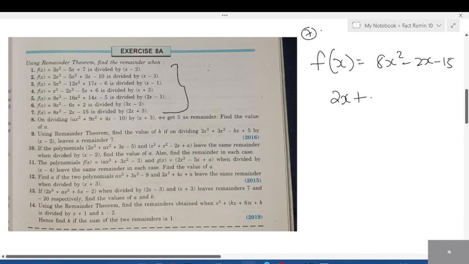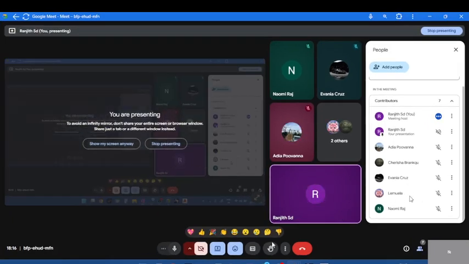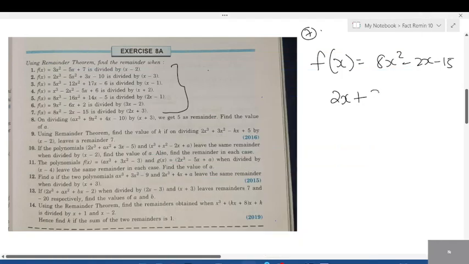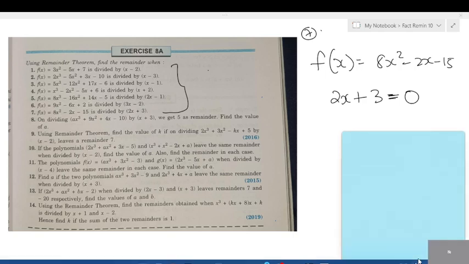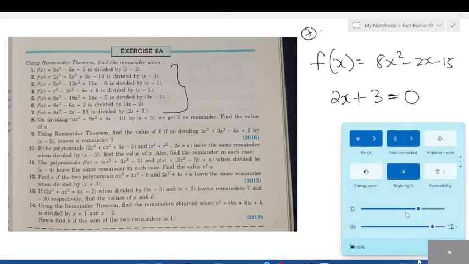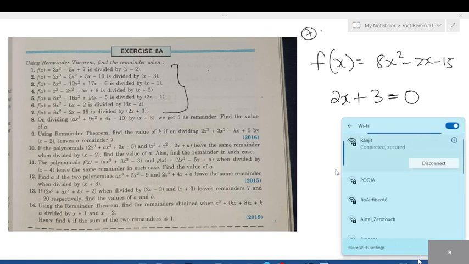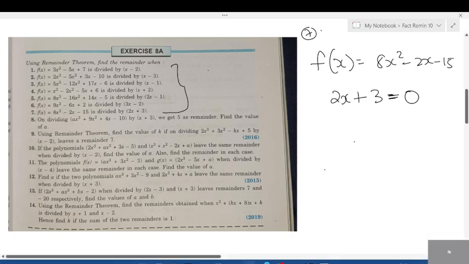Unmute and answer, Lemula. Just respond, unmute and respond. 2x plus 3, take it as 2x plus 3. Voice is breaking, not audible. Yeah, what about others? Fine. Okay, rejoin Lemula.